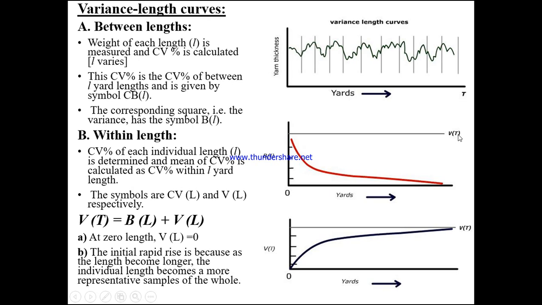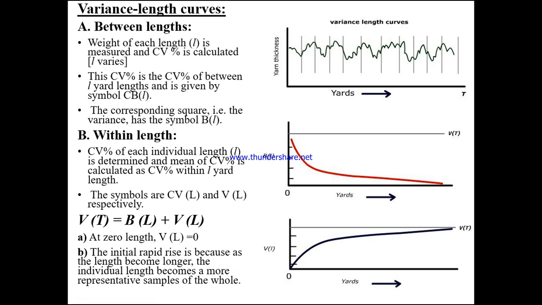The total variance can be divided into two types of variation. One type is called variation between the length, and another type is called variation within the length. So what is the variation between the length? For example, we have a total length of specimen, say capital L. Now we cut the total length of capital L to small l amount.